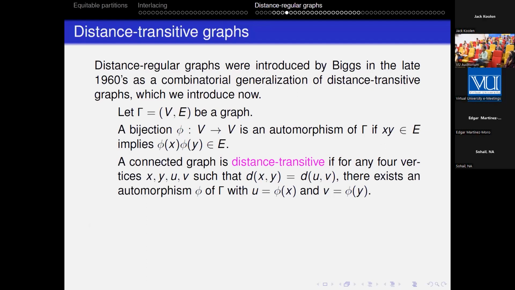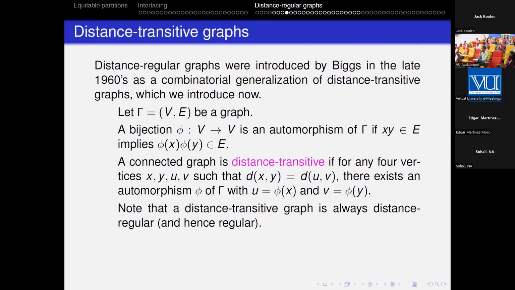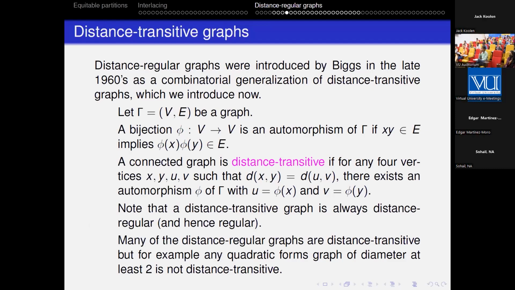So any two vertices at the same distance can be mapped to each other. You can easily see that a distance transitive graph is always distance regular and hence regular. Many of the known distance regular graphs are distance transitive, but for example, any quadratic form graph of diameter at least 2 is not distance transitive.